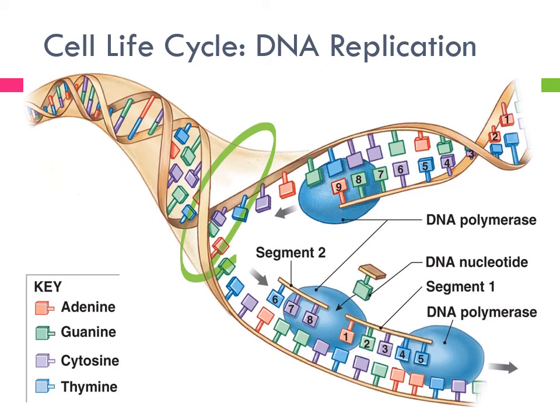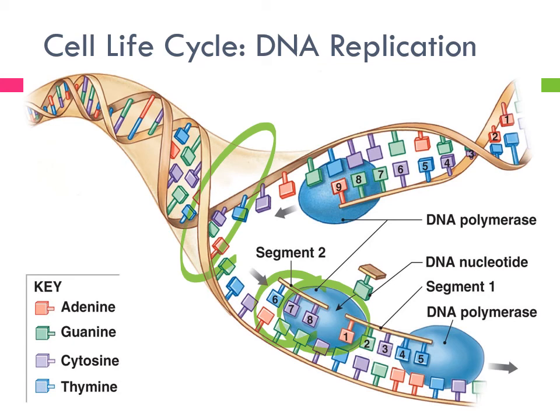DNA polymerase, which is this enzyme here, is going to bind to the nitrogenous bases, and then move down the chain and call in the complementary bases, which will get linked by covalent bonds.